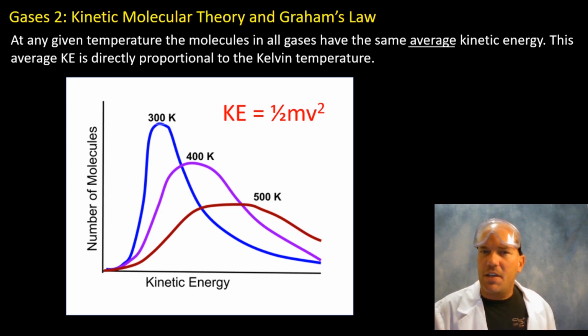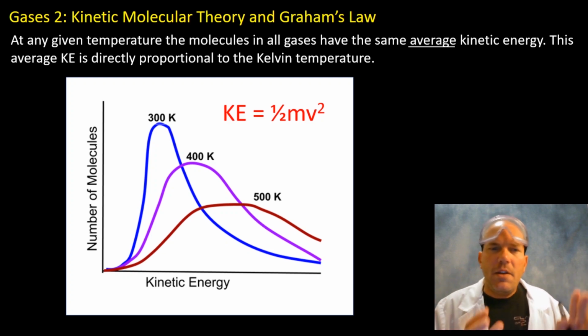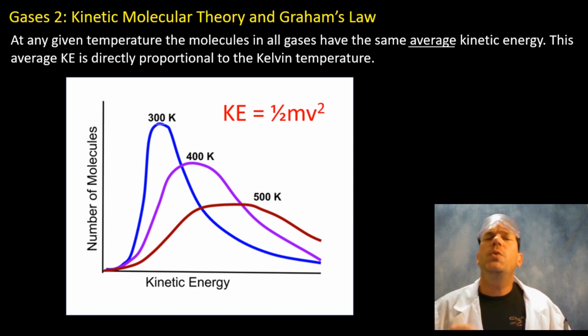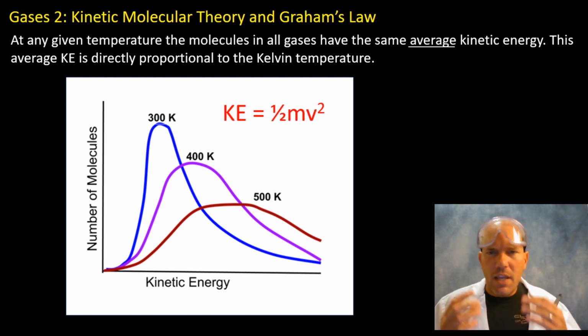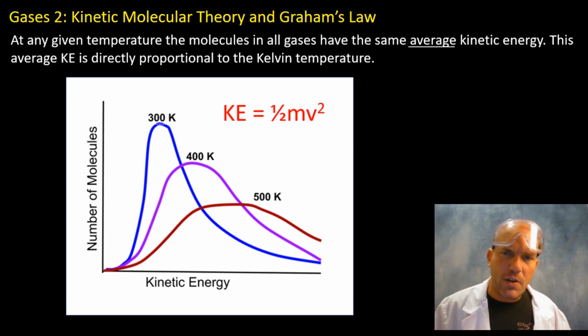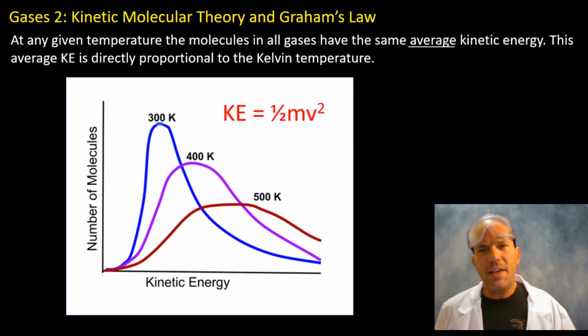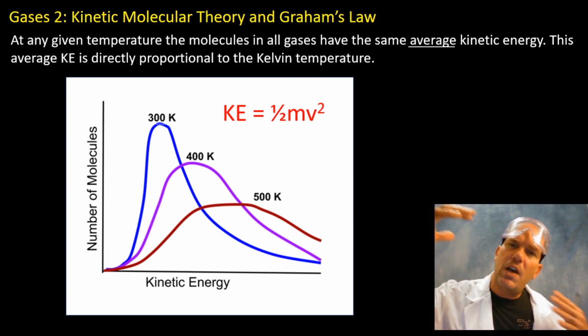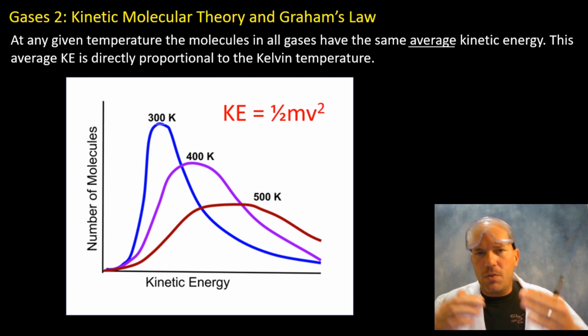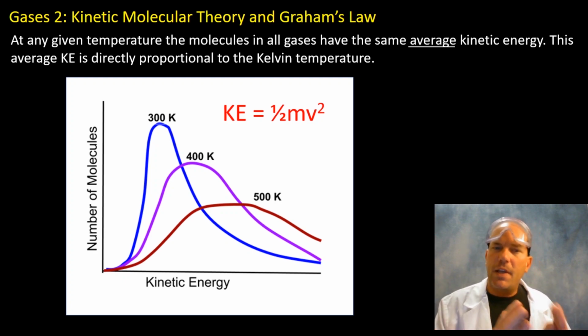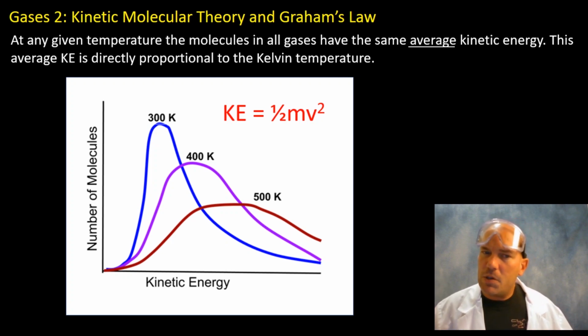This energy is directly proportional to the Kelvin temperature. In other words, as temperature goes up, kinetic energy goes up. As temperature goes down, kinetic energy goes down. That's what we mean by directly proportional.